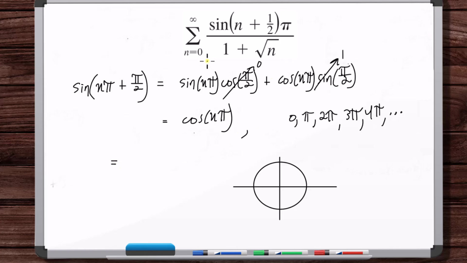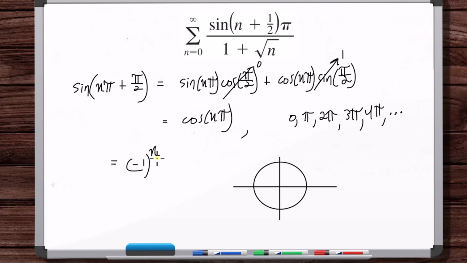All right, but we're starting at 0, so when n is equal to 0, we want to start with it being positive 1. So n is equal to 0, we get this is equal to 1.